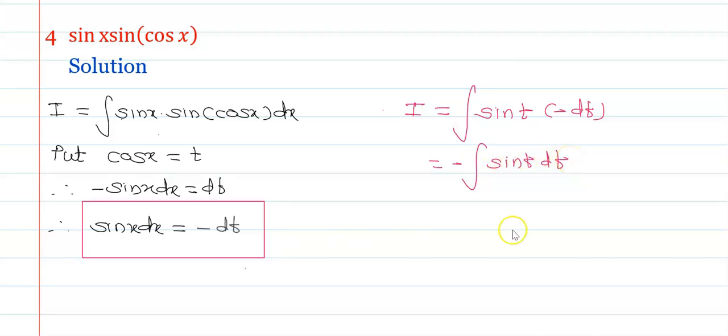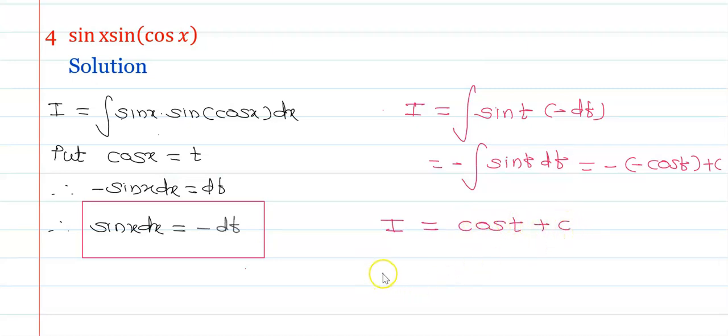Its integral is minus times minus cos t plus c. Minus and minus become plus, so you get plus cos t plus c.